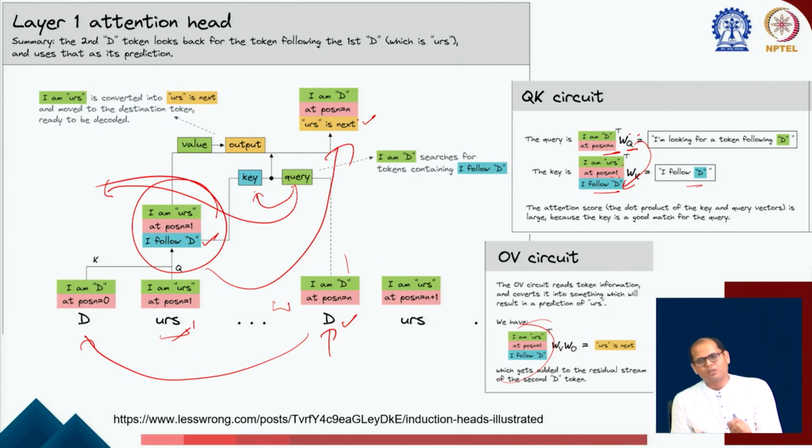So, this will go into the unembedding subspace, that is, the next token is ers, and this gets added to the subspace. Of course, there would have been something, I follow something, in a blue colored subspace, but that is not what is important. What is important is that this is added to the unembedding subspace, and this will eventually increase the probability of ers being predicted from this token. So, that is what is happening.